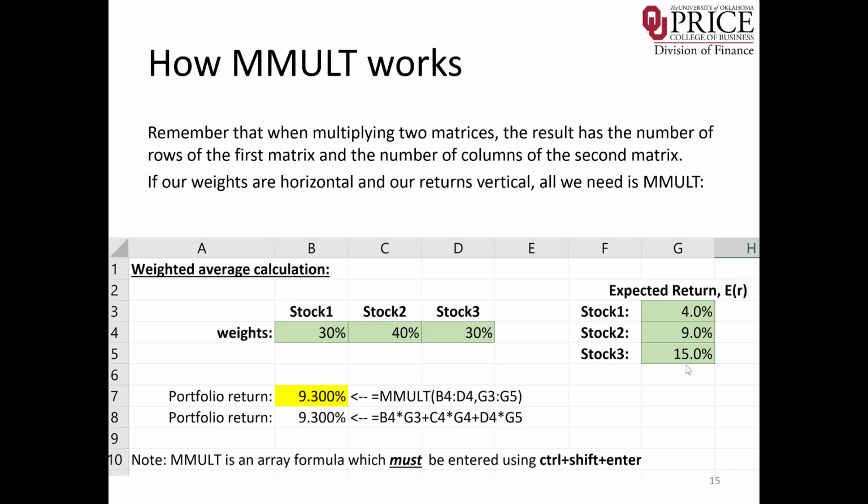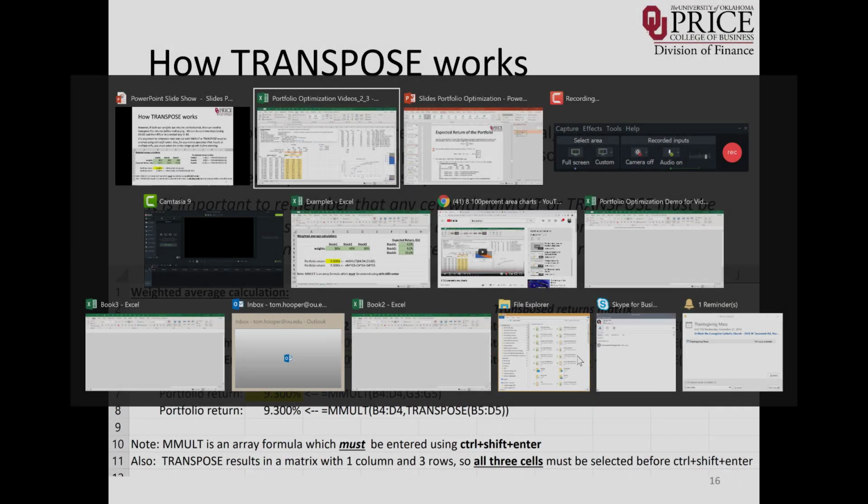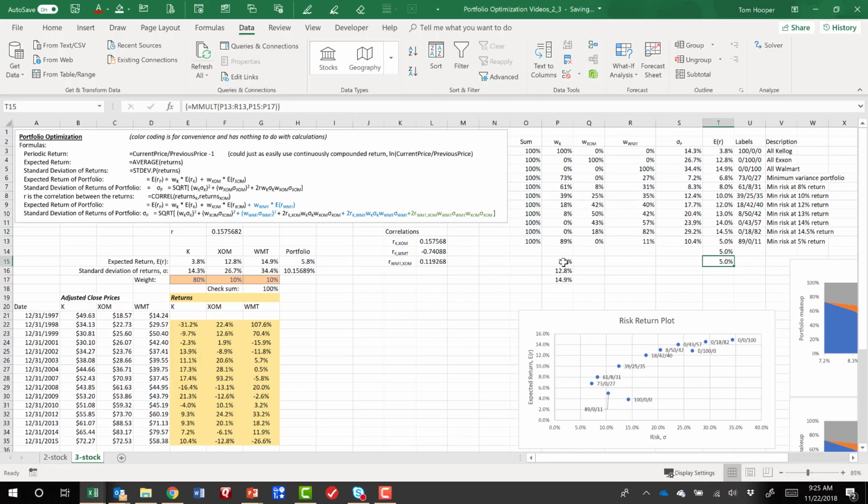Let's look at what if they were both in rows like in our original spreadsheet. Then we could use this transpose function to transpose this row of information into a column of information. Let's do that on our spreadsheet. To get these numbers, we could have highlighted the space we wanted them, said transpose, and transpose that array.